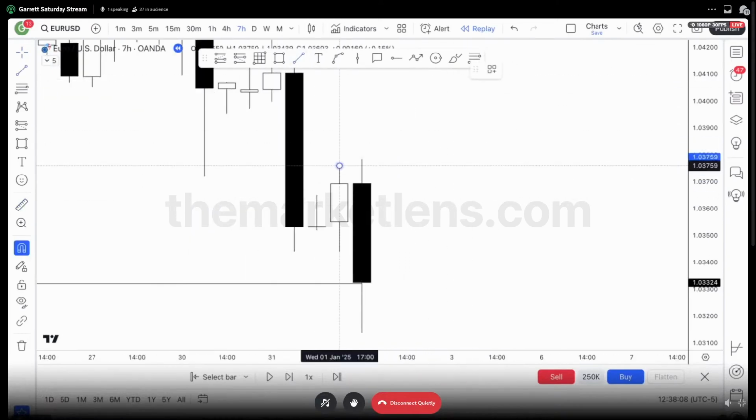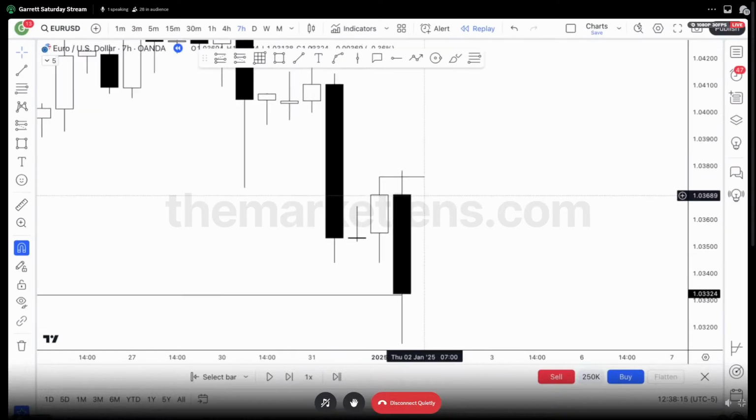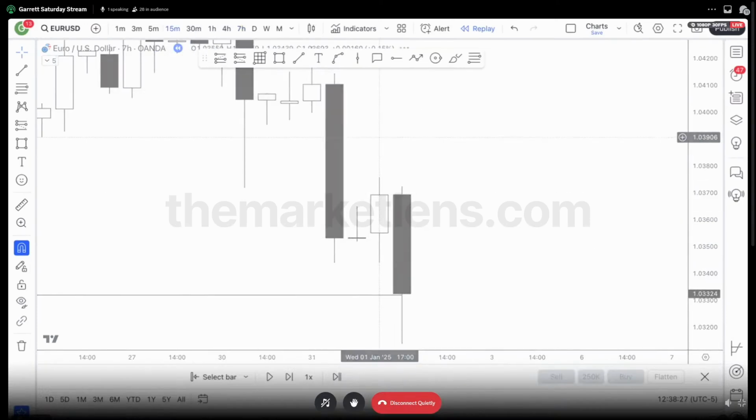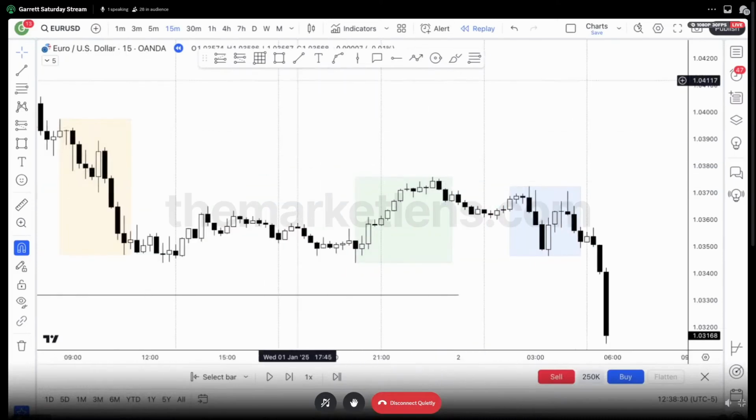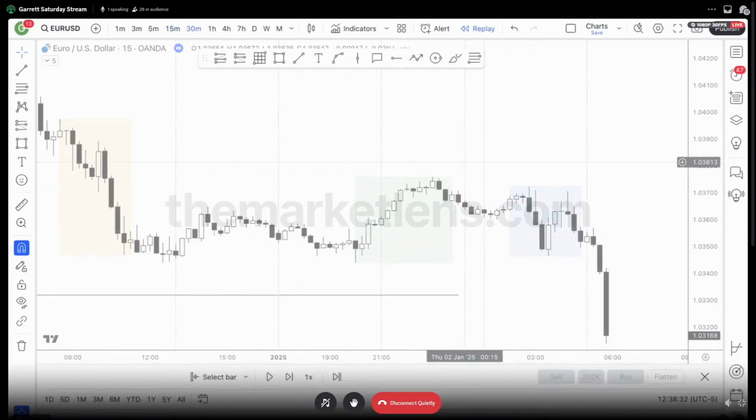You have to view it as this London expansion sweeping out this high because it's SMT. It's SMT, right? The other asset swept. So we are creating that protected high within this London session 7 hour candle. So this is absolutely tradable, right? Or the 30-minute.